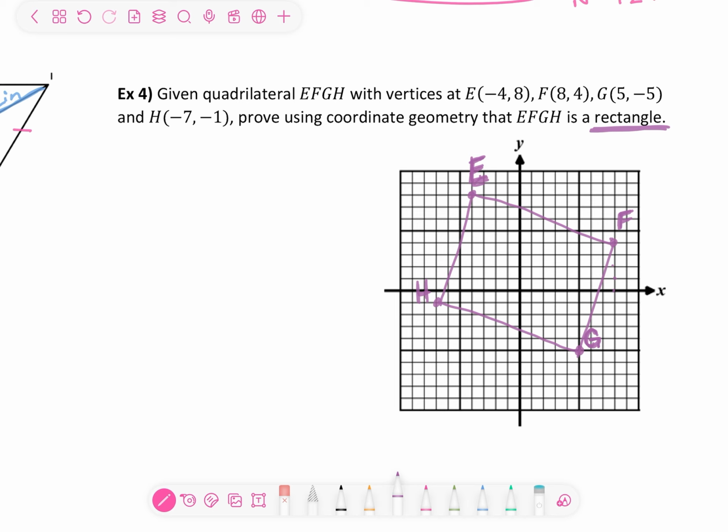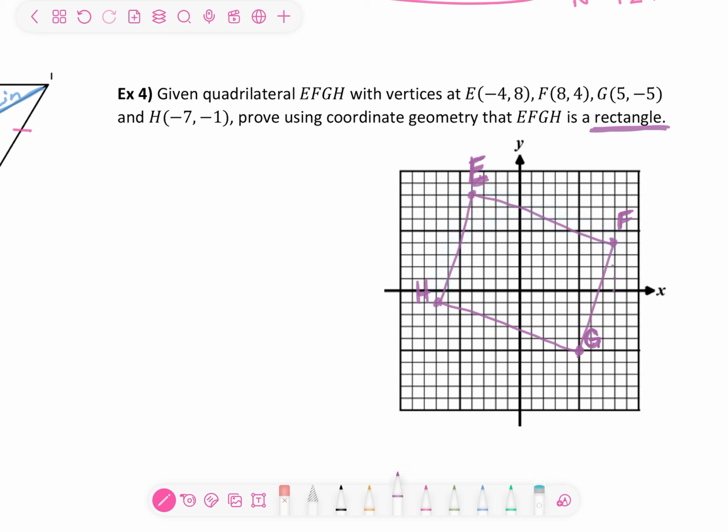So first things first, we have to prove that all of these vertices are right angles. So how do I prove using coordinate geometry that an angle is a right angle? Well, the only way that we know of is to show that the two lines intersect at right angles, which means they're perpendicular. And the way to show those are perpendicular is that they have opposite reciprocal slopes.